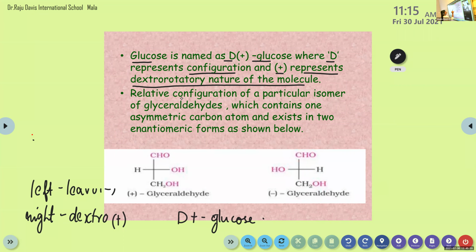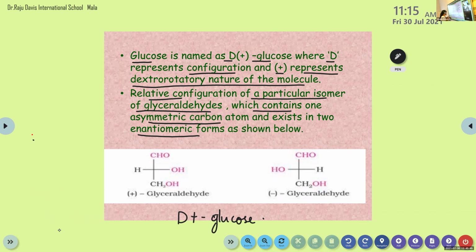The relative configuration of a particular isomer of glyceraldehyde, which contains one asymmetric carbon atom and exists in two enantiomeric forms. So here we are using glyceraldehyde to compare the structure of glucose.